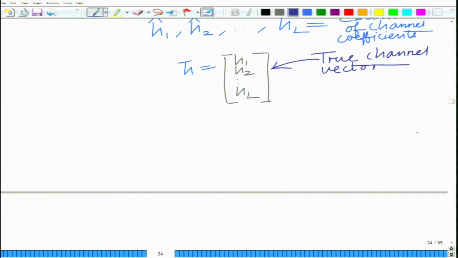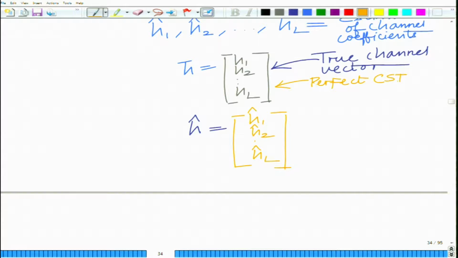And you have the estimated channel vector h hat, which comprises the estimates. The true one is the true CSI, also known as perfect CSI.